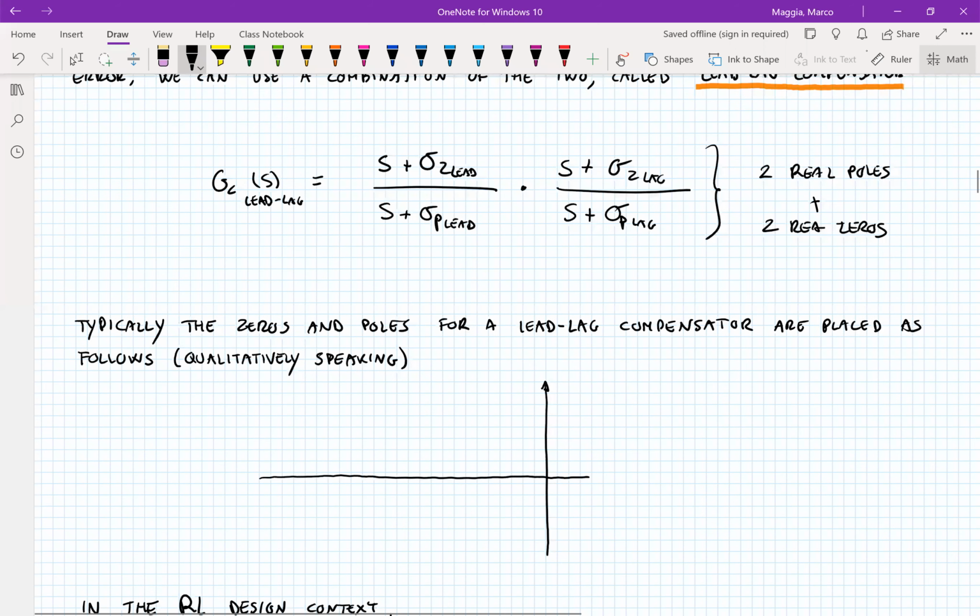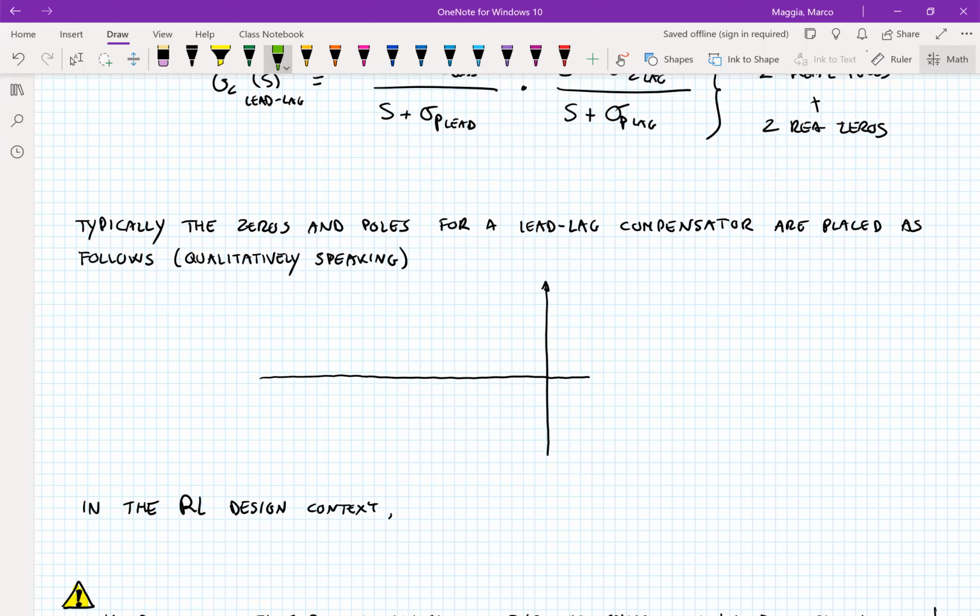So typically, this is how the zeros and the poles for a lead lag compensator are placed. For a lead compensator, again, we have the pole to the left of the zero, and they can be quite spaced out, such as this.